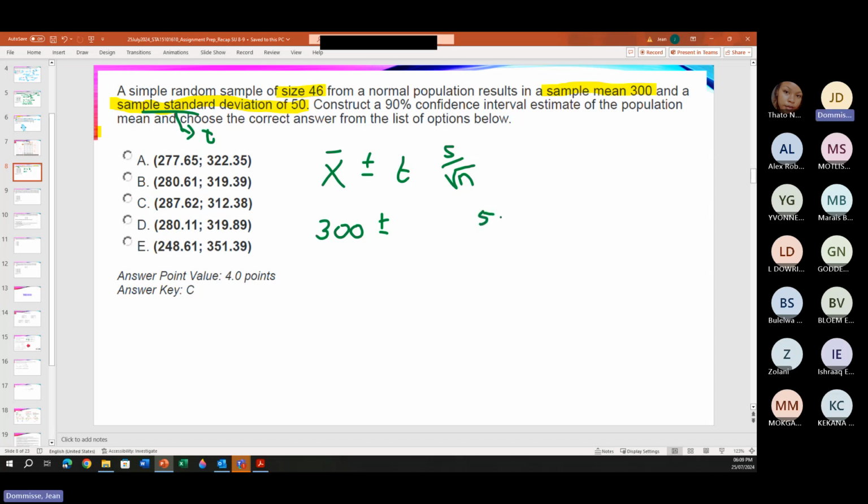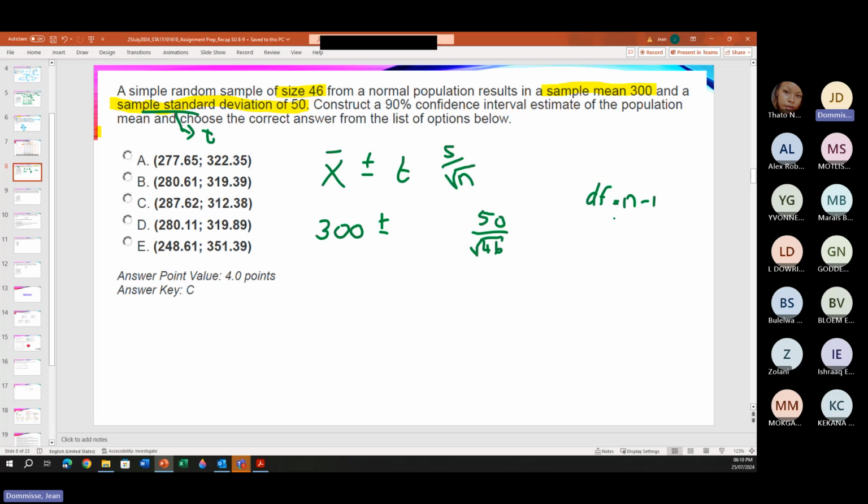That is 50 divided by the square root of 46. So again, that will not make a difference, but let's look at the degrees of freedom. First, degrees of freedom is n minus 1.